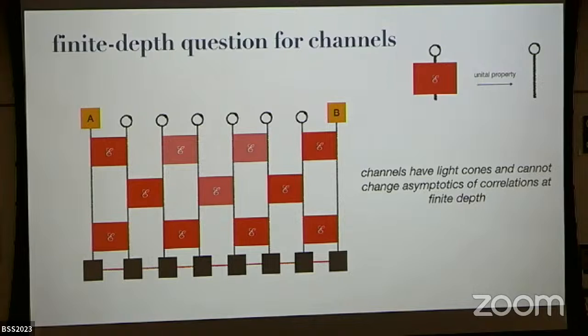Formally, the channels have light cones, and so a finite depth quantum channel that's local can't change the asymptotics of correlations. Okay, so that's a big constraint. So you might have wanted to do something like take a trivial state to a topological state at finite depth. But you can't really do that, at least in the naive density matrix properties, as you can see from this light cone argument.